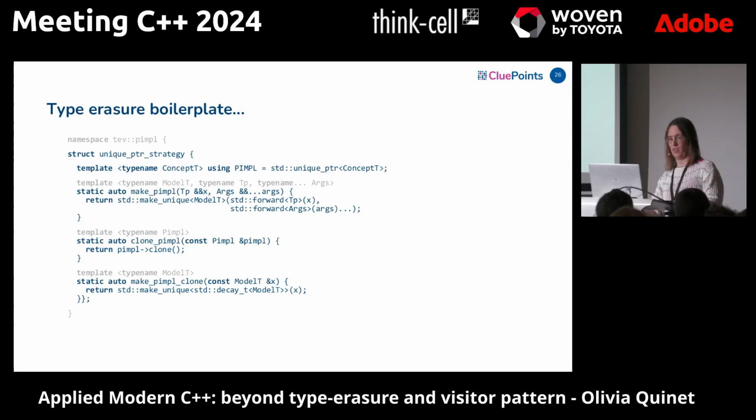So the pimpl is a template type, which can simply be converted to a unique pointer of concept T. Make pimpl creates the actual model. So the first type name is the model, and then all the arguments that actually construct the model. The second function is clone pimpl, which will, in fact, very easily call the clone method of the pimpl. And the third one makes the copy of the model.